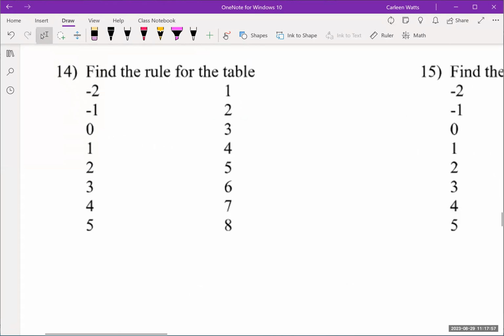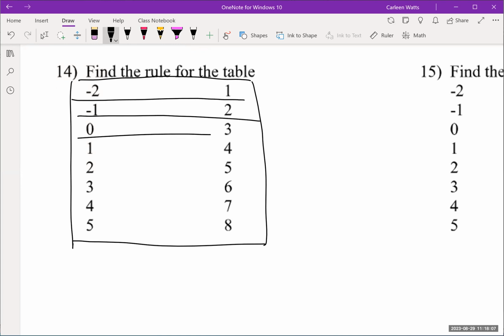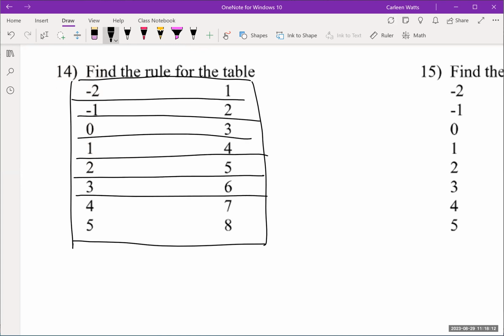Okay, find the rule for the table. Sorry, this program I use has a really hard time making tables. Now I'm going to tell you, this is linear. Find a rule for the table.